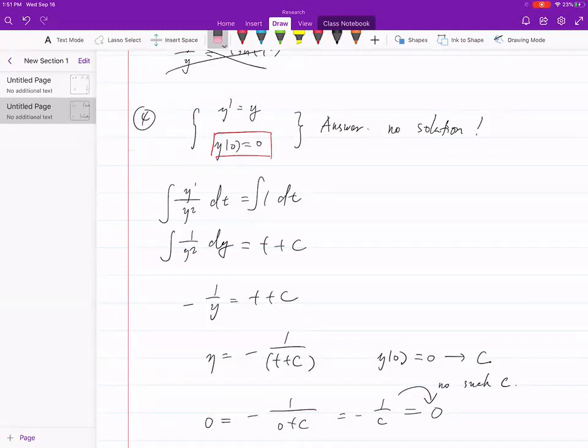Who does not agree? Who thinks there is a solution? And I can tell you that solution. Take a look. Can you think about something which is not even hard, something trivial that satisfies both conditions?